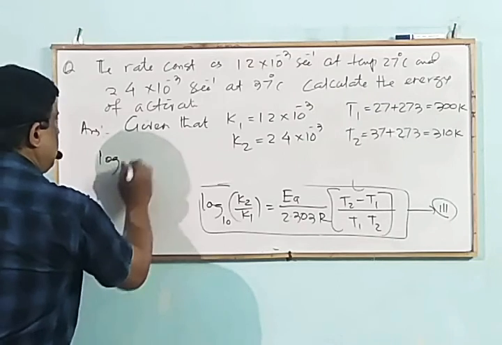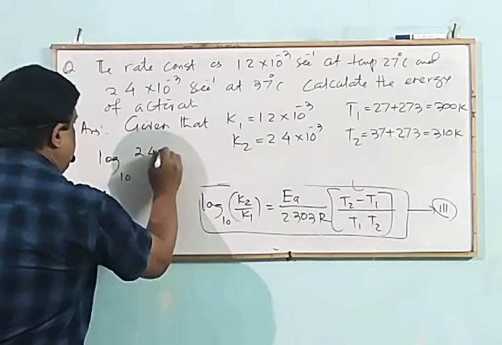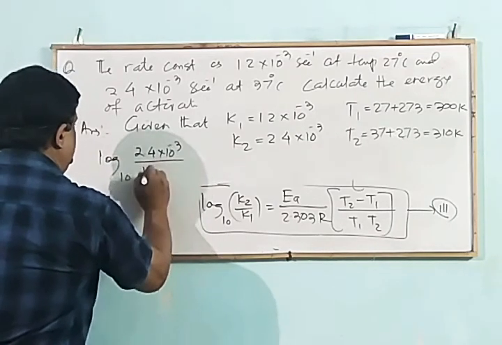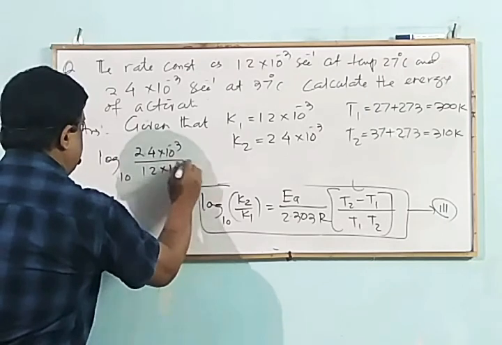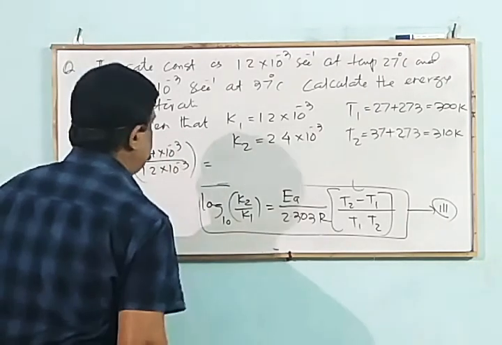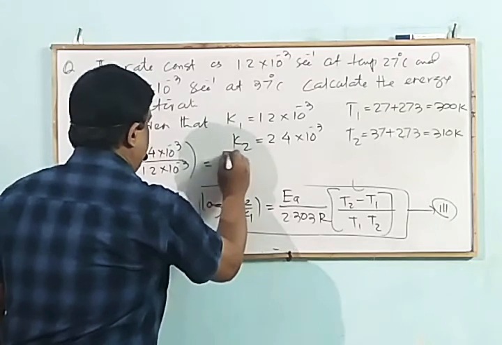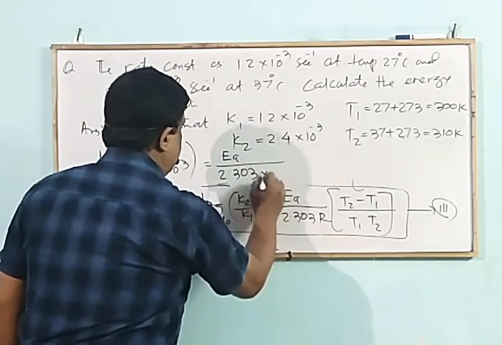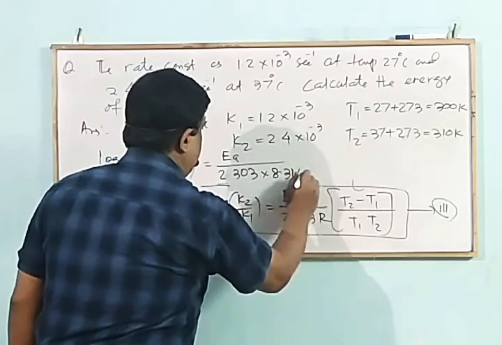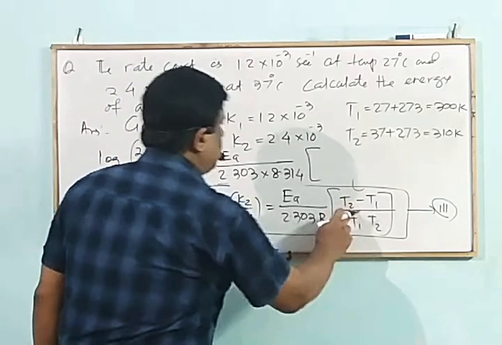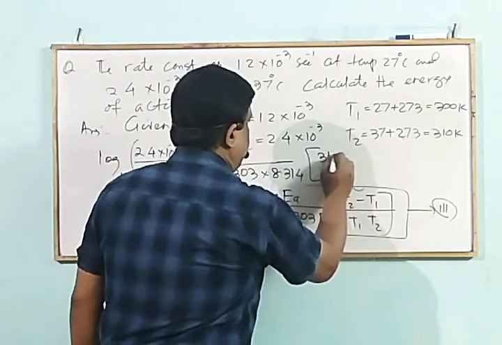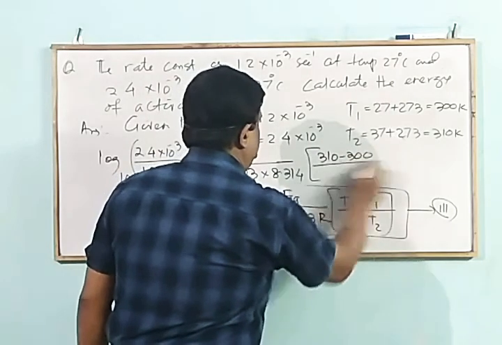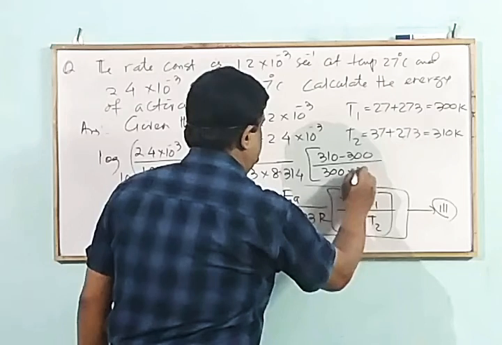log base 10 of (2.4 × 10^-3) by (1.2 × 10^-3) is equal to EA, we have to calculate EA, by 2.303 into R, 8.314, into (310 minus 300) by (300 into 310).